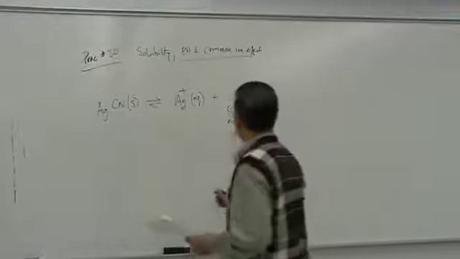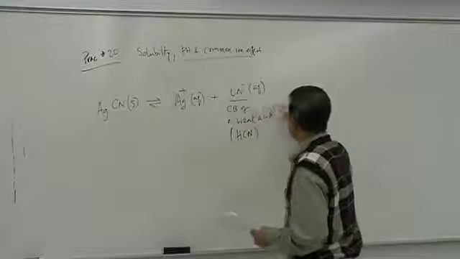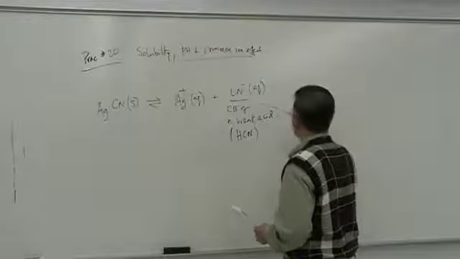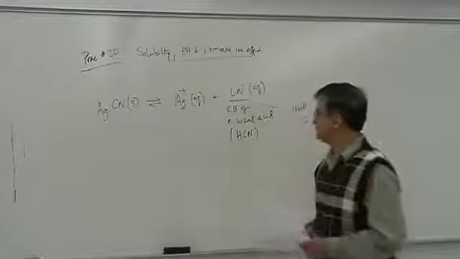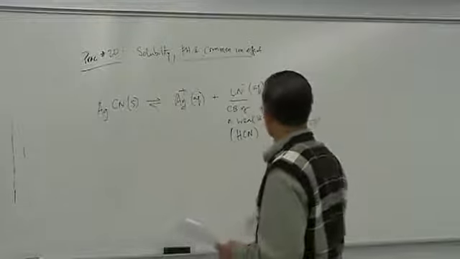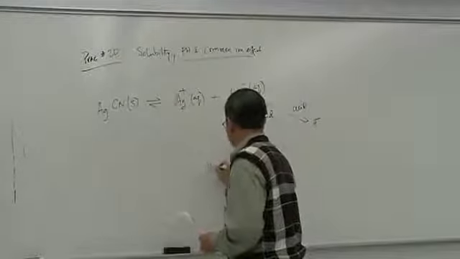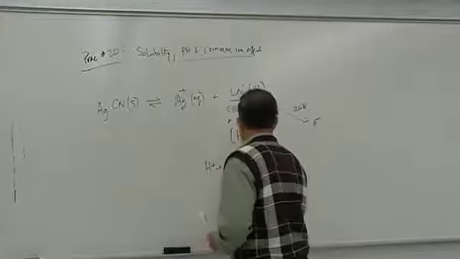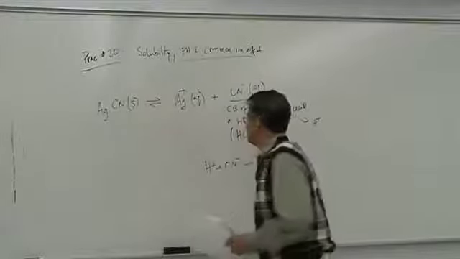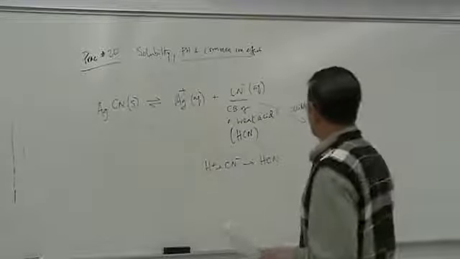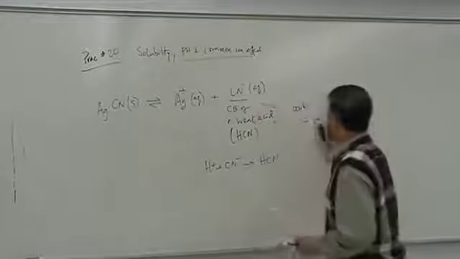So whenever you add acid, H plus will be picked up by CN minus, so it will be like this: H plus plus CN minus makes HCN. Now let's apply Le Chatelier's principle here.